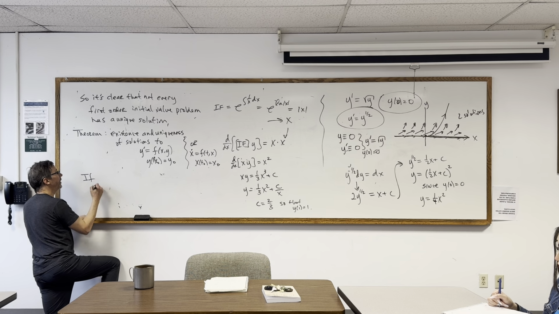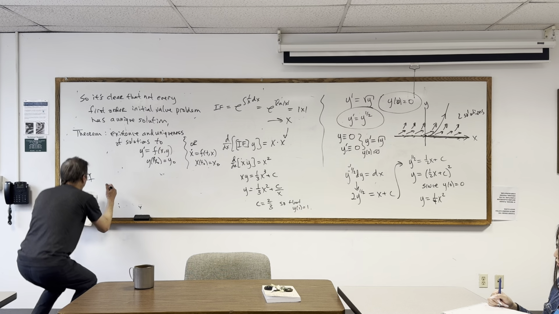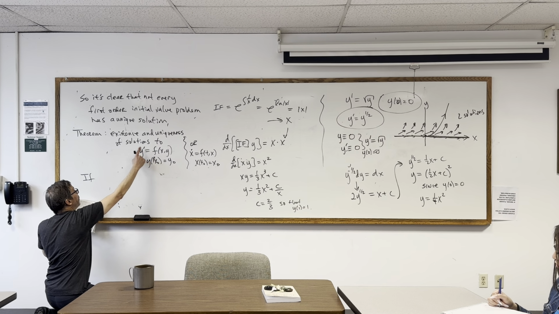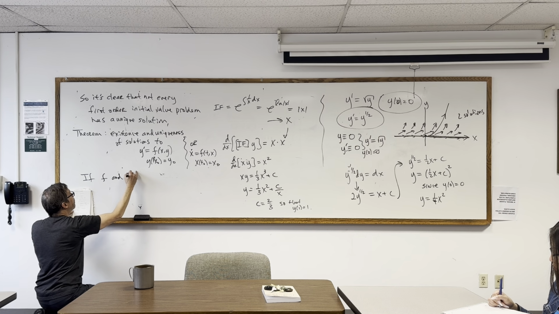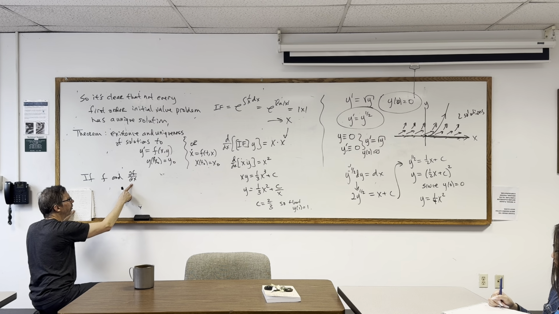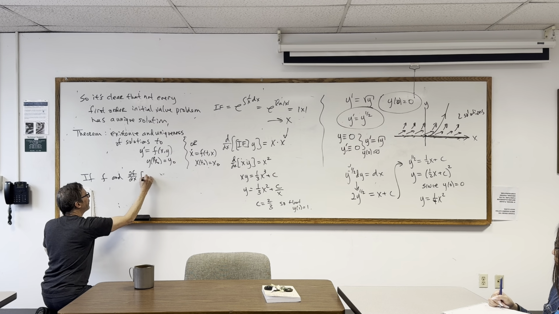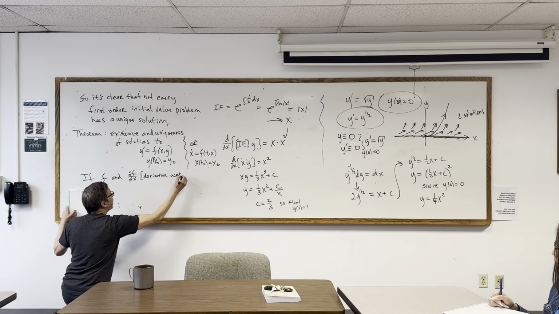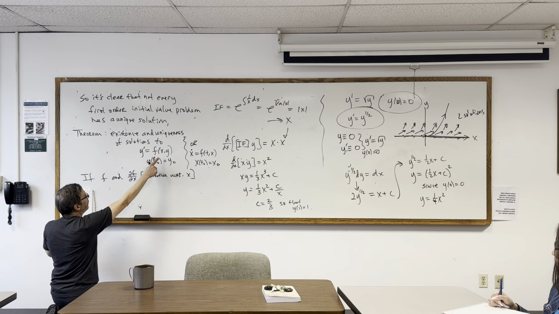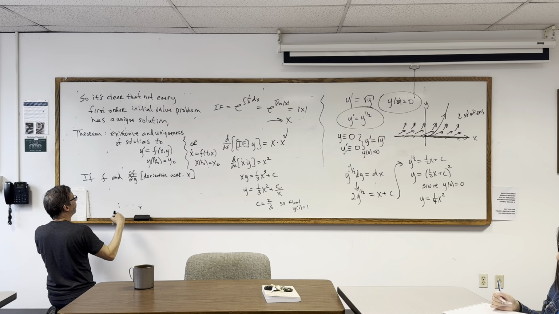So here are the conditions. If f, the thing that defines the derivative function, and its first partial with respect to y, that's weird, some of you might not have ever seen that, we'll talk about that. Think derivative with respect to y. WRT is with respect to. Sorry, I have my x version here and I'm translating it poorly.